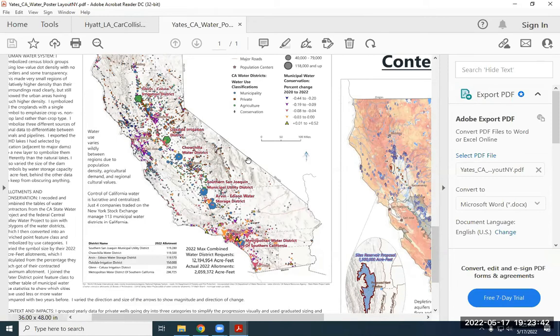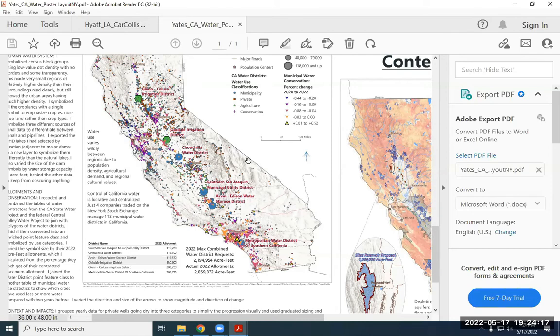And then there's another data set, which was from the California Water Board, comparing 2020 to 2021, the second half of each of those years. Were people using less water or were people using more water? So an arrow going down means they're conserving, they're using less than they were the year before. The arrow going up means they're actually using more or the same as what they were. And then the size of the arrow is based on how much actual allotment they have.